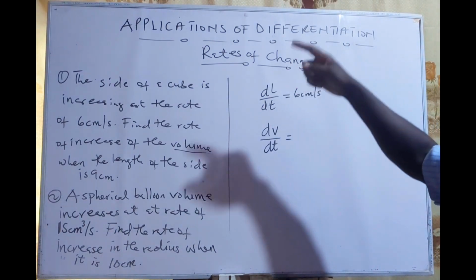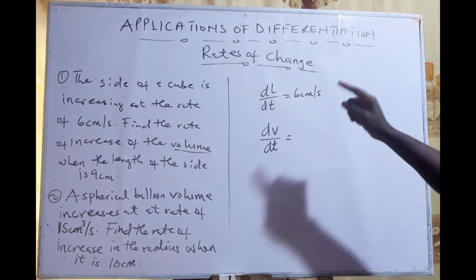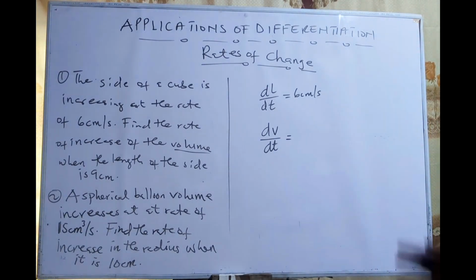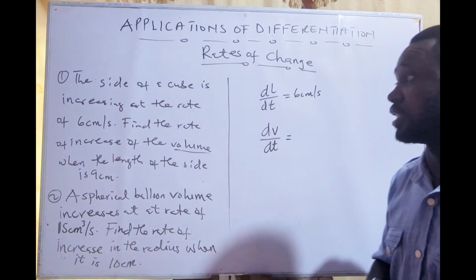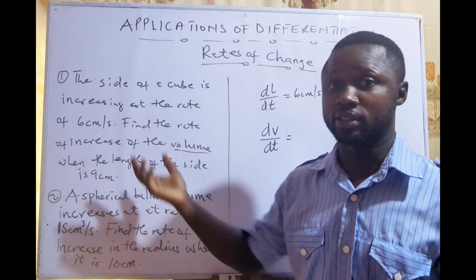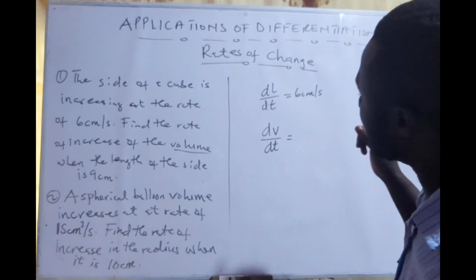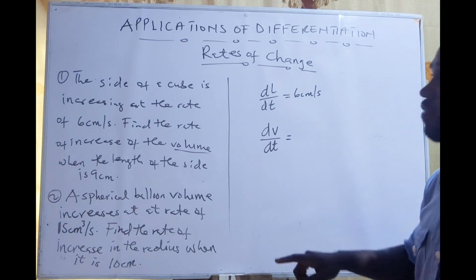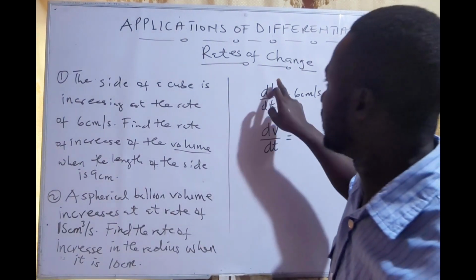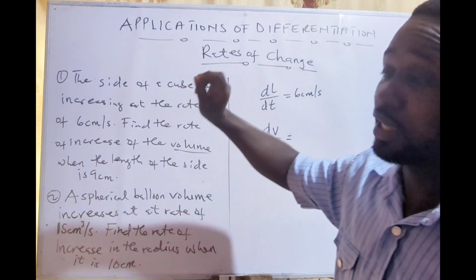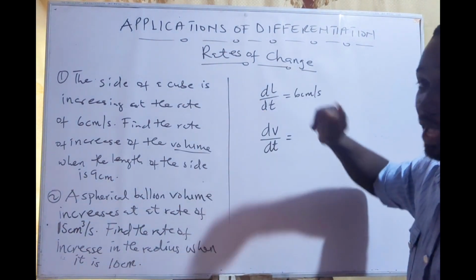Here it is very important to understand the rate of change with respect to time. If I'm finding dV on dt, what was I given in the question? The length of the side of the cube, which I said should be L.